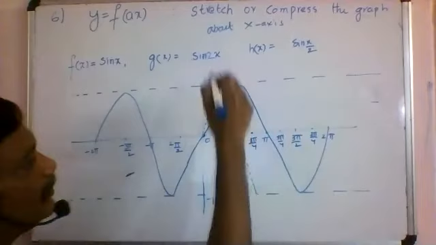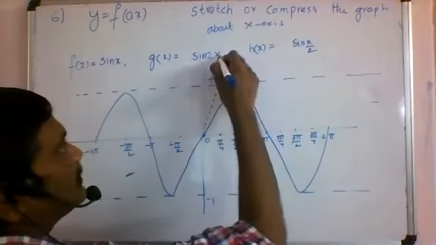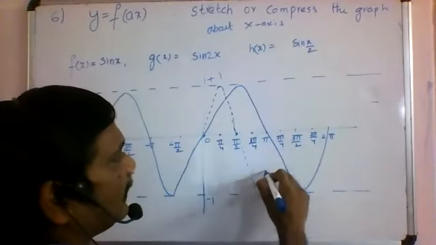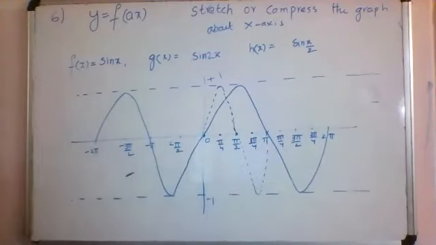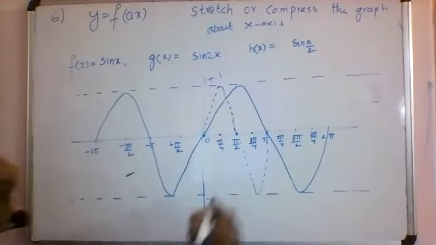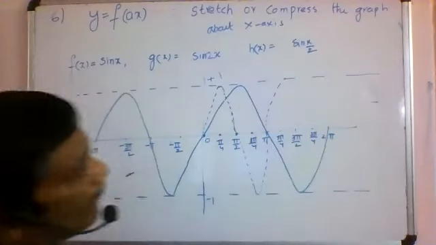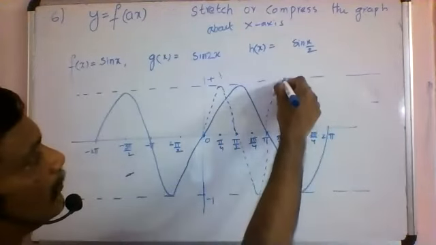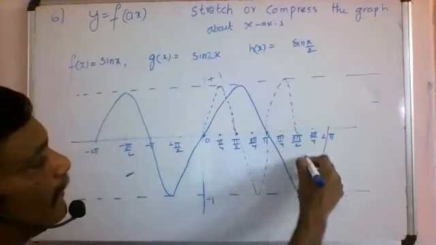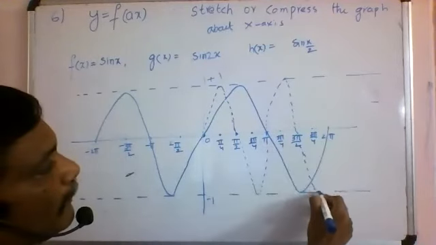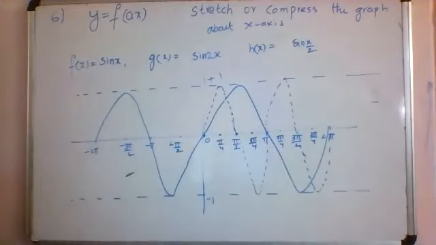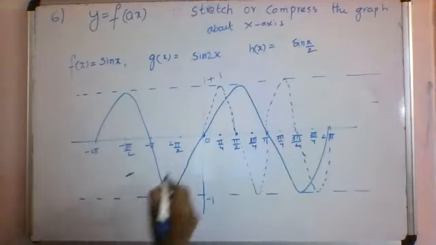And if I substitute pi here, sin 2 pi is 0. So again it should reach 0. At 5 pi by 4 it should reach maximum. And at 3 pi by 2 it comes to 0. And again minimum. Again at 2 pi, the same graph we are going to get like this here.